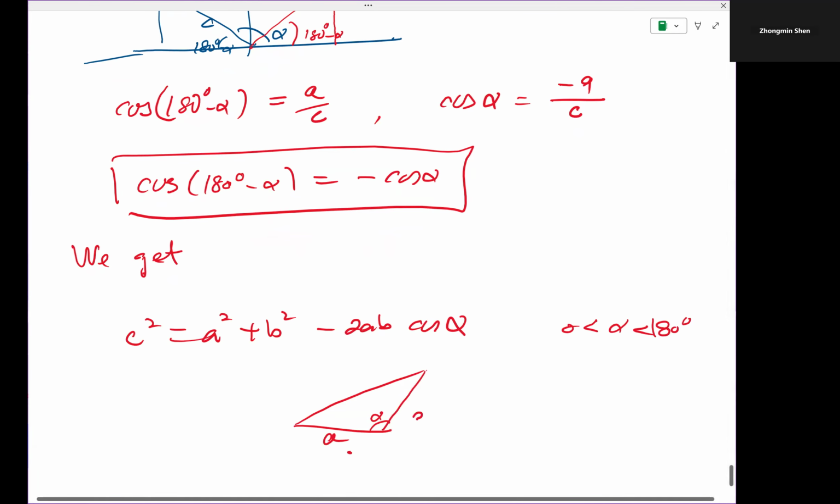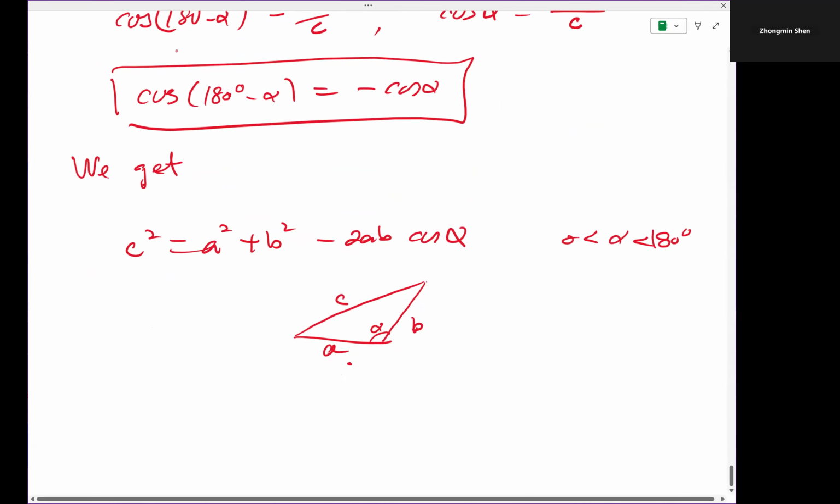Here's A and B, that's C. This is called the law of cosines.